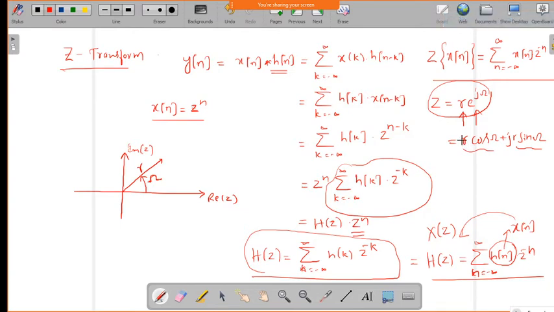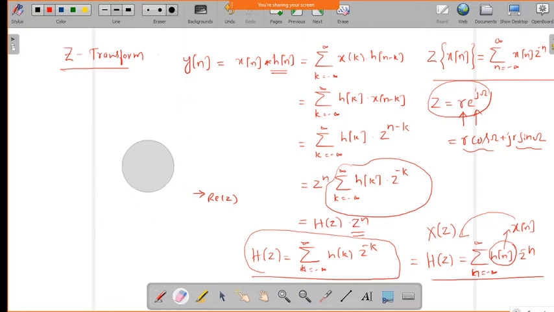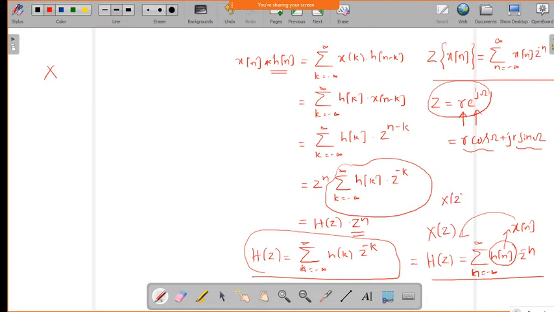Now if you compare with the discrete time Fourier transform equation, we know that X of z can be represented as summation n equal to minus infinity to plus infinity x of n into z power minus n.